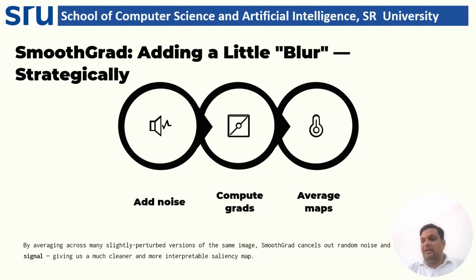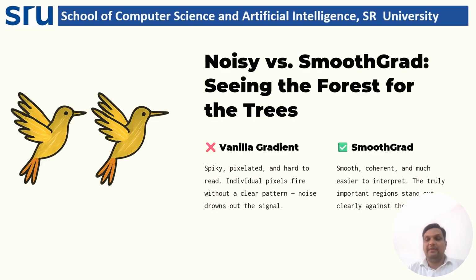So we can say here, we add small noise to the image multiple times and average the result. This cancels out randomness and reveals the real signals.